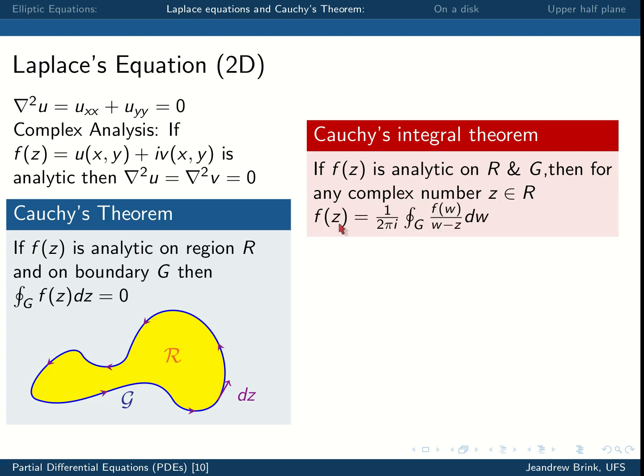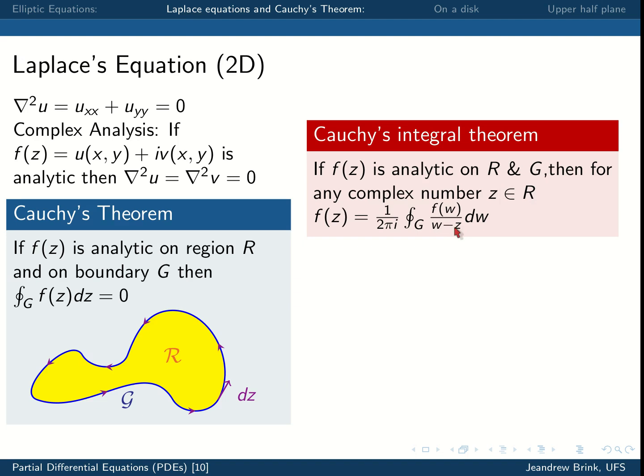You can write f(z) inside the region as 1 over 2 pi i times the integral around the boundary G of f(w) divided by (w minus z) dw. It's an unusual result, but one of the foundations of complex analysis: the function inside can be evaluated at a specific point by the integral of the function simply evaluated on the boundary over this pole, which is w minus z.